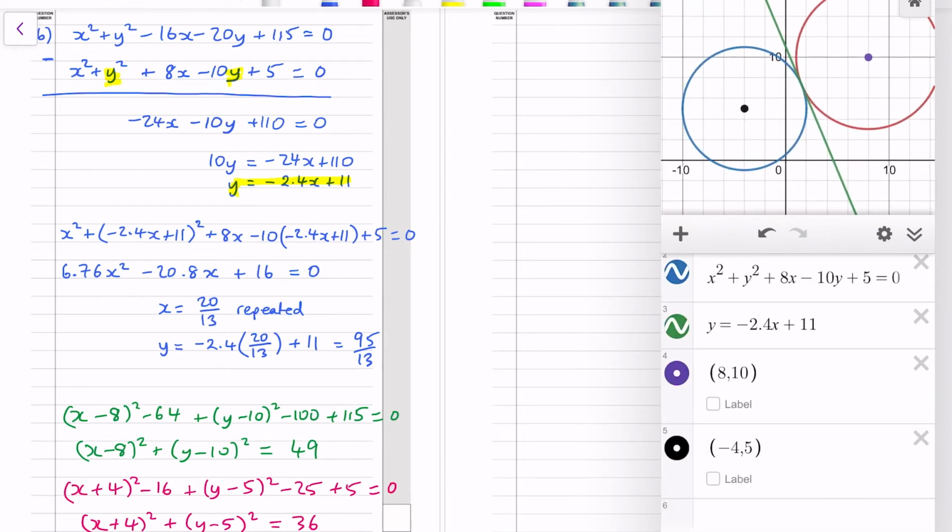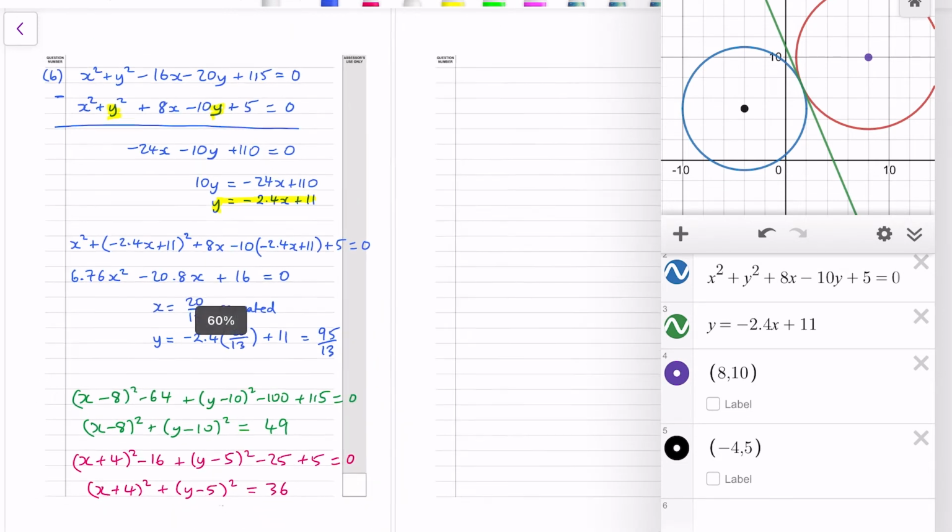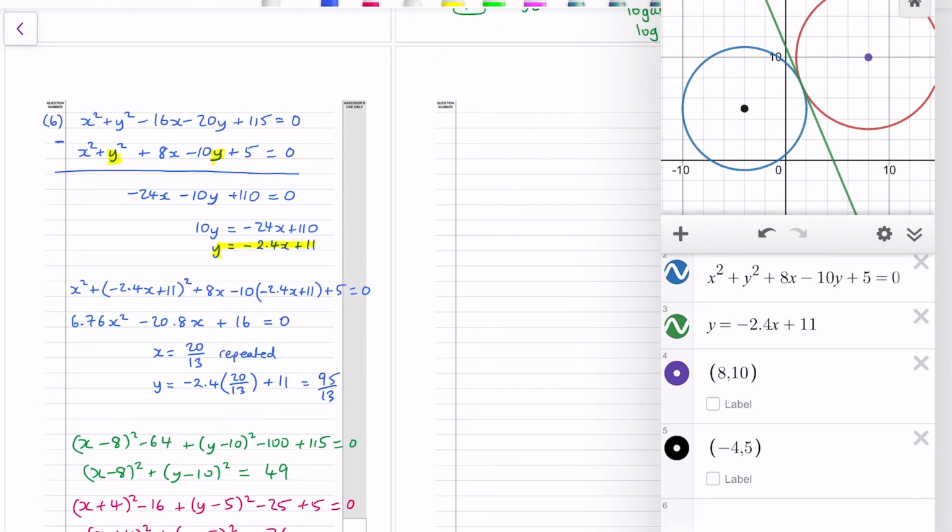Okay, there we go. Now, the last part to prove that the circles are tangential using this approach, what we could do is look at the distance between the centers.